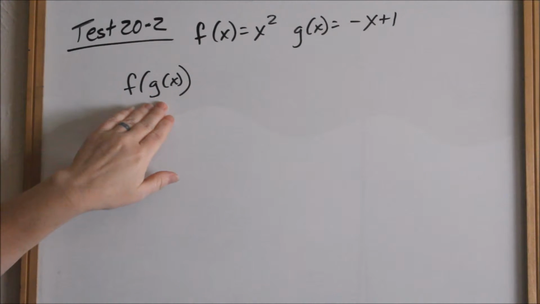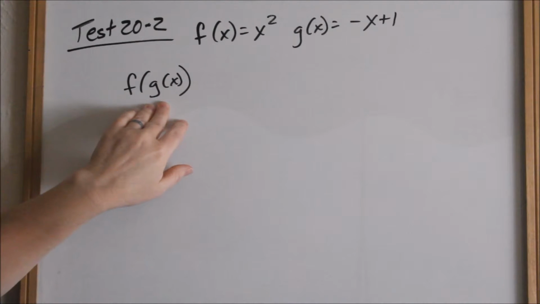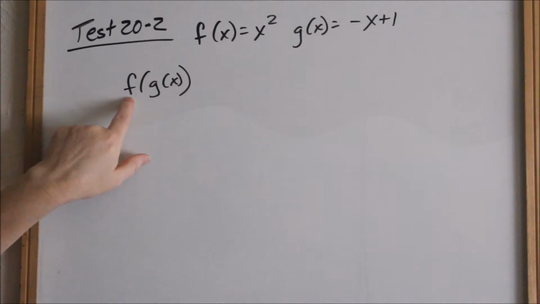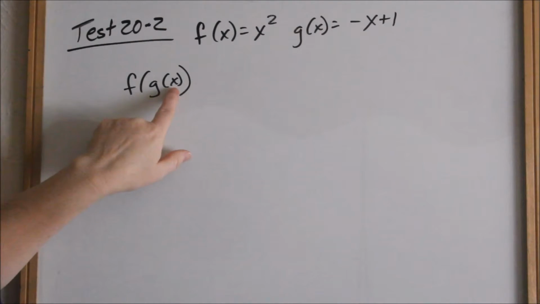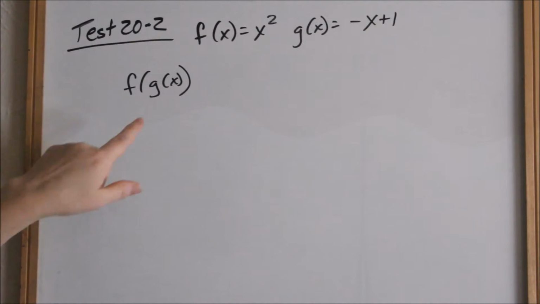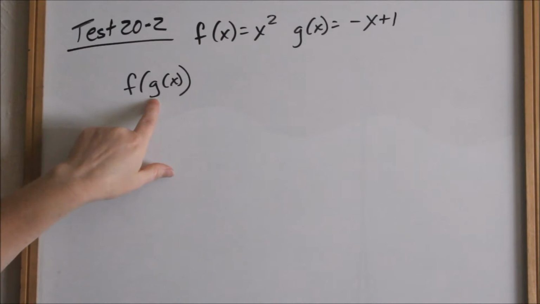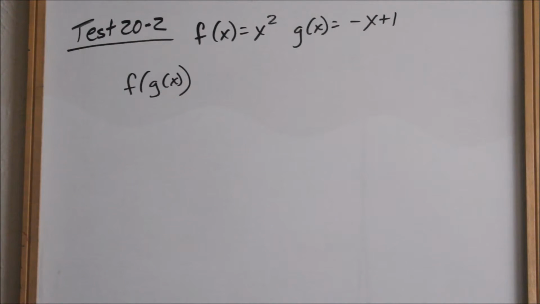The best way that I can tell you for these is to start from the inside and work your way out. So the way this is read is f of g of x. What this means is you're going to take g of x and put it into f.